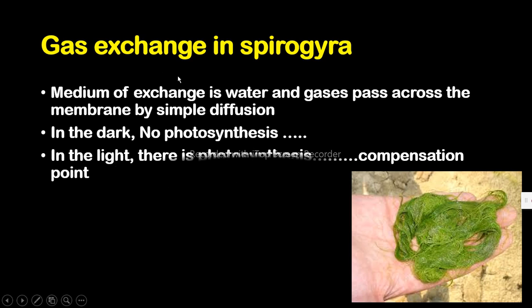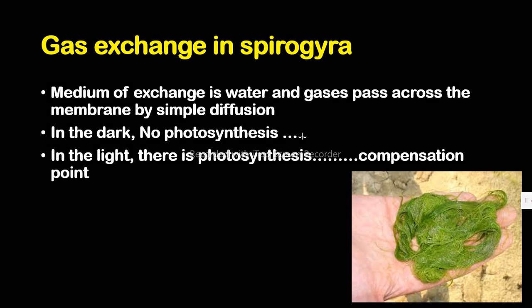Now in darkness, obviously there is no photosynthesis, and so no oxygen is produced. If no oxygen, then respiration is going to depend entirely on oxygen from the surroundings.